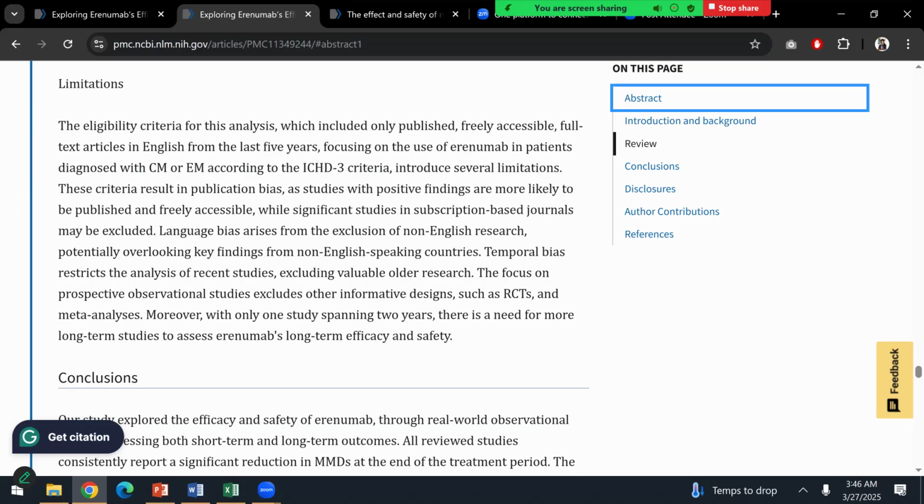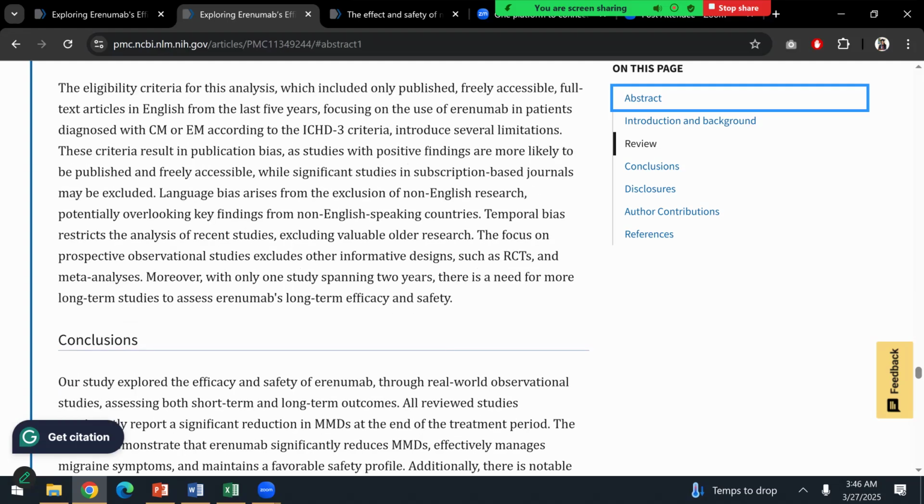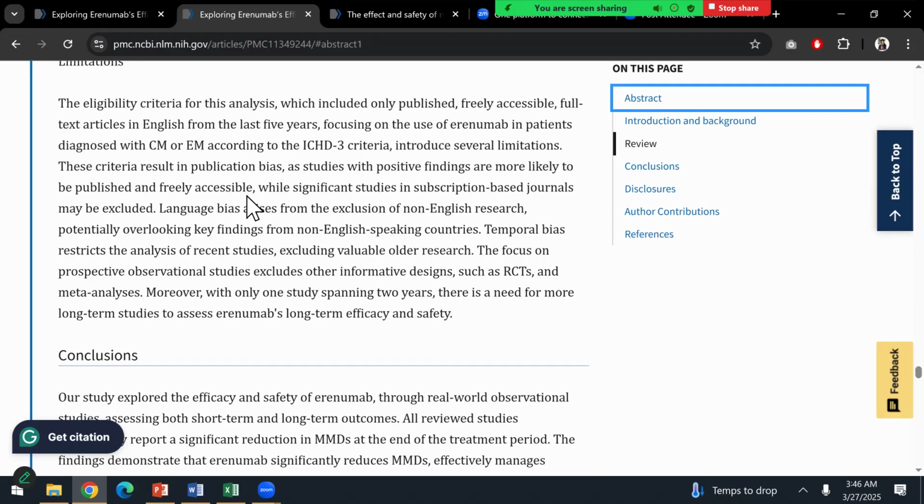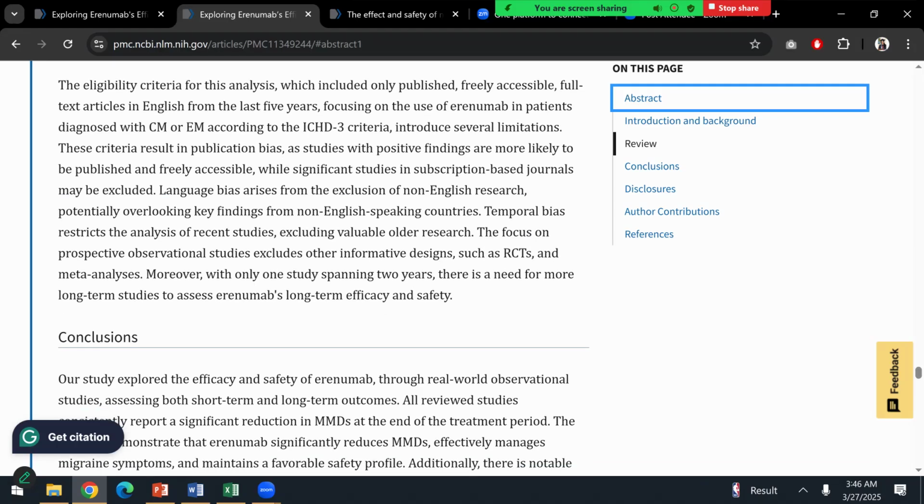Whatever you included and whatever you excluded would be your limitation. And if the studies included only had short-term side effects and more studies needed to be done to establish long-term efficacy and safety of the drug.